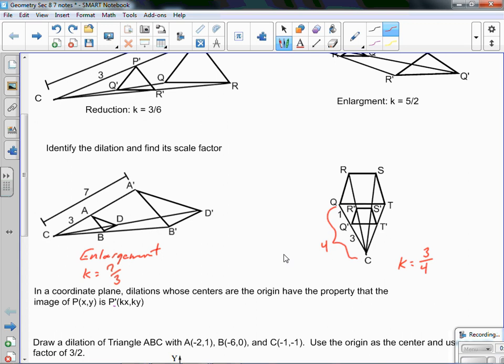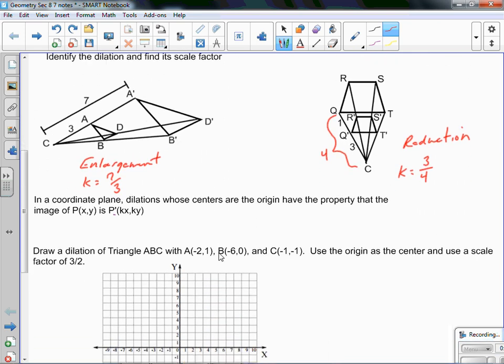So our K value is 3/4, which is less than 1. So that makes that what? Reduction or enlargement? So reduction. So reduction, K values less than 1, 3/4. Enlargement, K values bigger than 1, 7/3, which is actually 2 1/3.